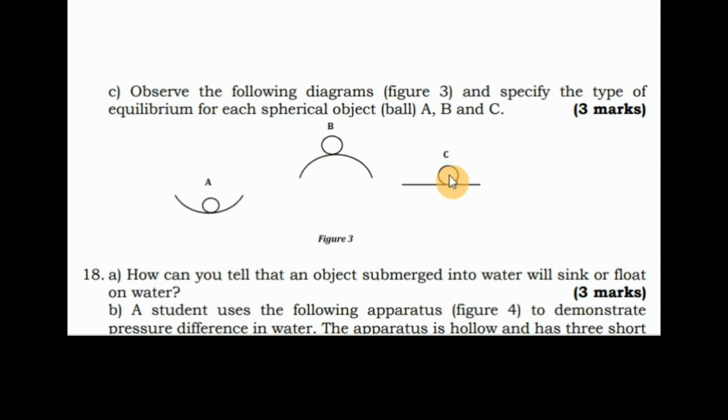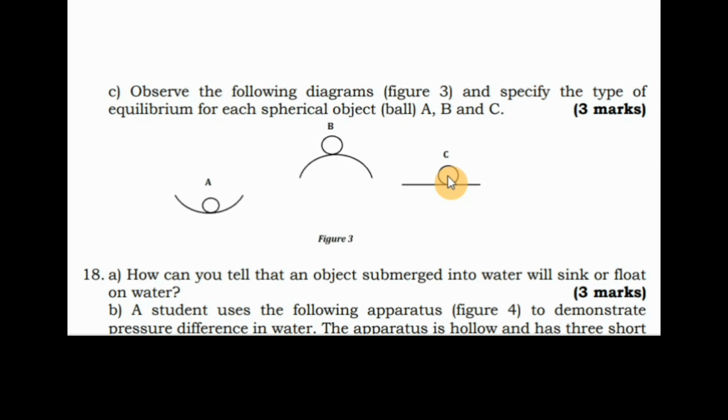But C is neutral, because the center of gravity will be at the center at this point. If you try to displace C lower and lower, the center of gravity will still be at the center; it will not change.